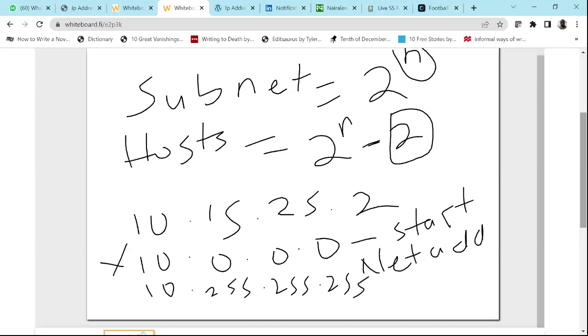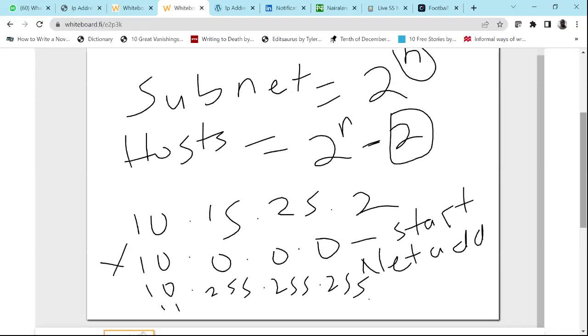10.255.255.255. You know why? Because this is the very last IP address that is in this range. If you just add one more, this will turn to 11 and it's no longer in that network. Do you get that?